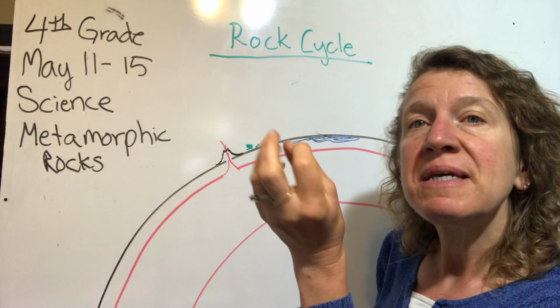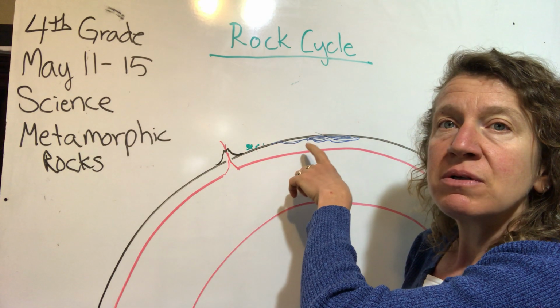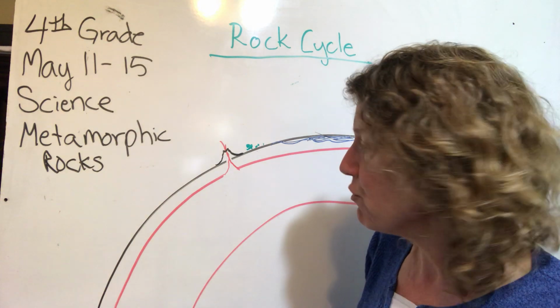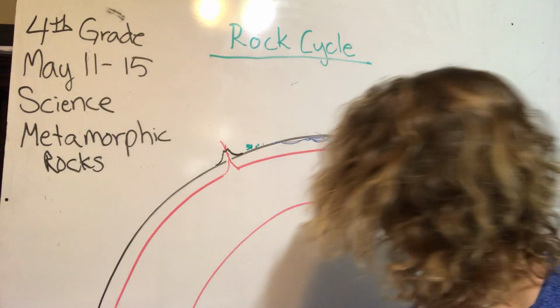Sometimes those small pieces of rock get carried away by a river into an ocean or a lake or just the bottom of a riverbed, and it forms layers, okay?